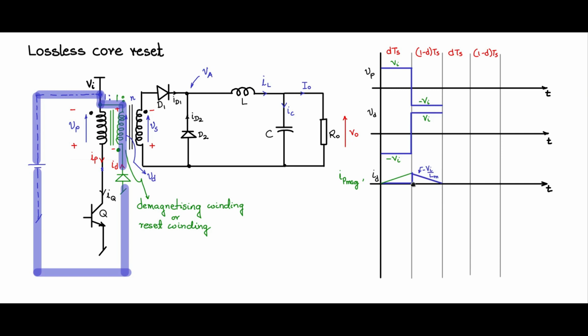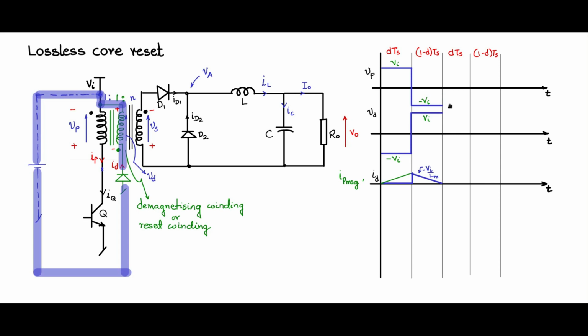That is why we say that if this has taken Ts by 2, this would be Ts by 2. You should give the same amount of time for it to reset. Therefore, you cannot have a duty cycle greater than 50% in these types of converters. But it's not a disadvantage because you have N as a degree of freedom where you can adjust the voltage.